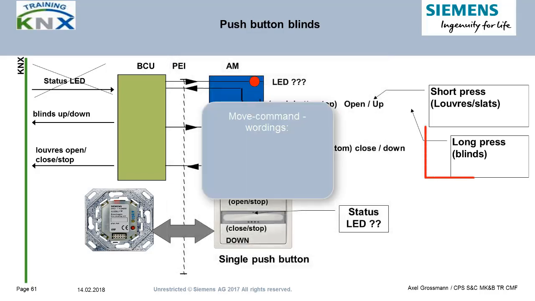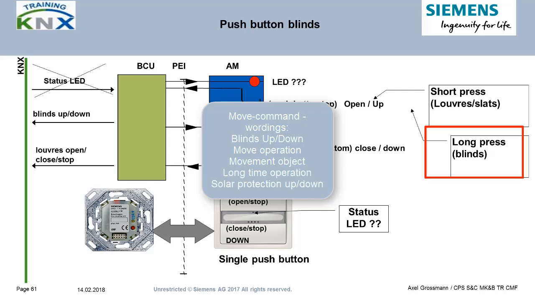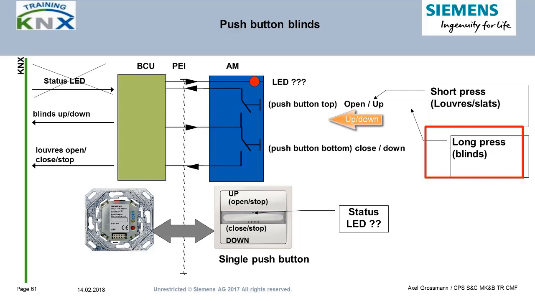For one, the move command. It is often called blinds up-down in the application programs, but also wordings like move operation, movement object, long time operation, and solar protection up-down are used for the same function.